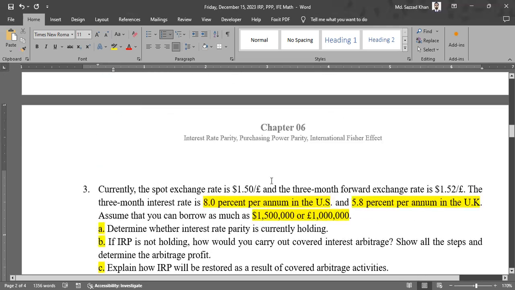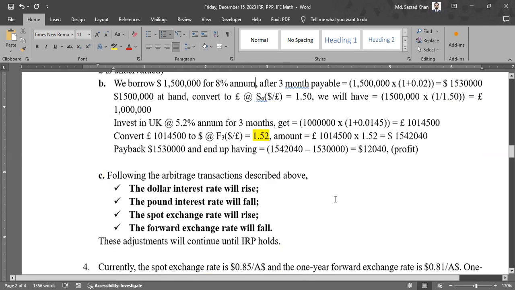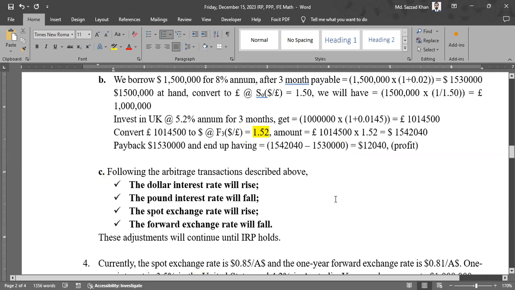Okay, number 3, part C, what it says: explain how IRP will be restored as a result of covered interest arbitrage activities. Okay, it will not be in the market forever. It will fade out. How? The dollar interest rate will rise, the pound interest rate will fall, the spot exchange rate will rise, and the forward exchange rate will fall.